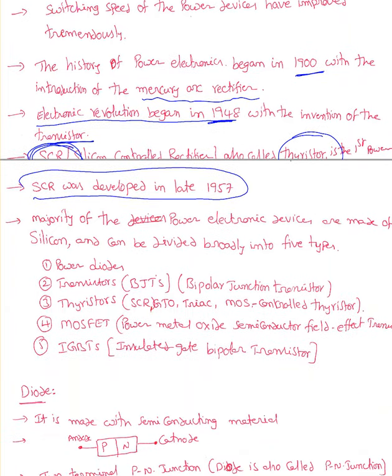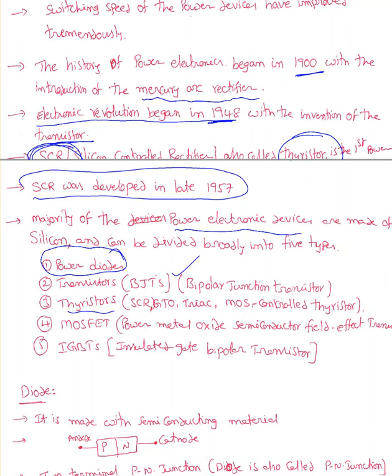Now the majority of power electronic devices are made of silicon and can be divided broadly into five categories. So there are five types of power electronic devices. One is power diodes, and I will talk about diodes in a second. The second one is transistors, the BJT, also called bipolar junction transistor.